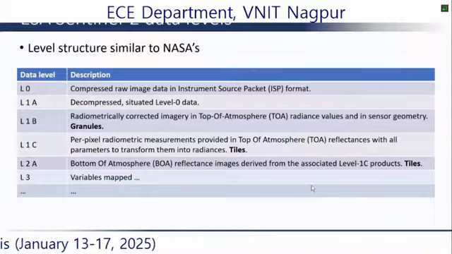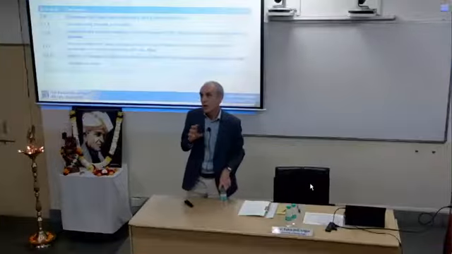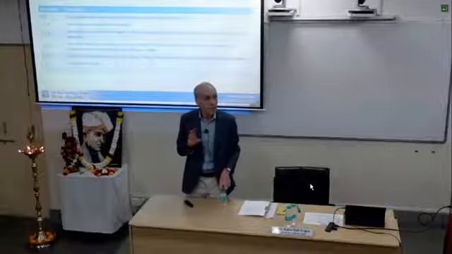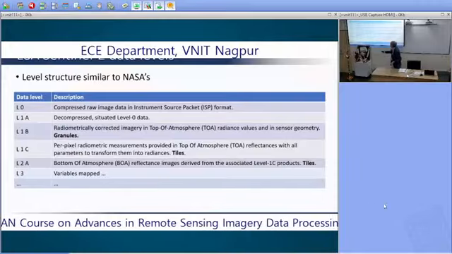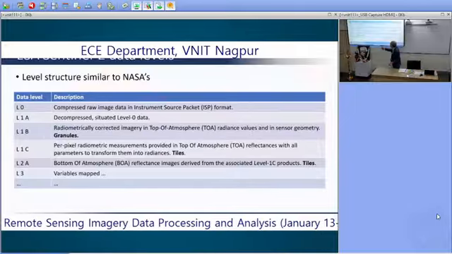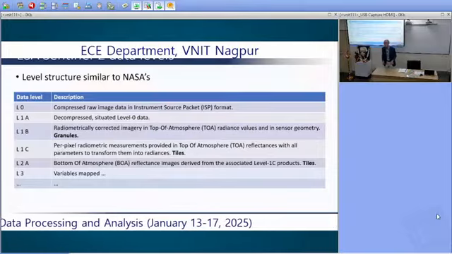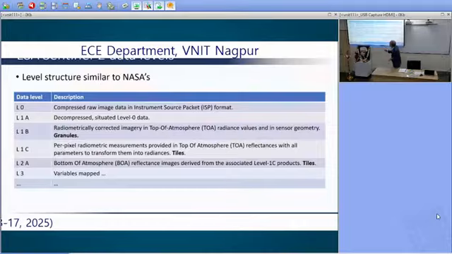Level 0 and level 1, level 1B data, etc., are not generally distributed because they are so much affected by errors that you may not be interested in them. So you leave the data producer to do their job and raise the data to a level which is generally usable by the general user. Okay, which in the case of Sentinel-2 is level 1C.